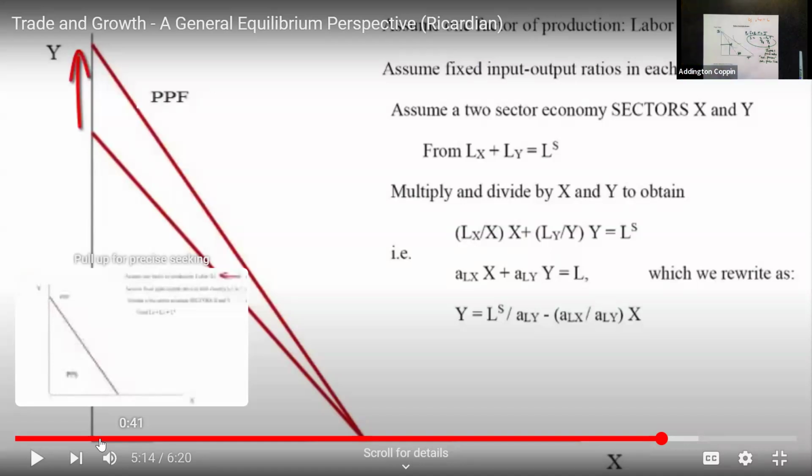I will now multiply and divide by S, multiply and divide by T, and I've changed that into a ratio ALS, which is LS over S, and a ratio ALT, which is LT over T, equals L. And I want you to look at these two. I'll call this 1, and I'll call this 2.